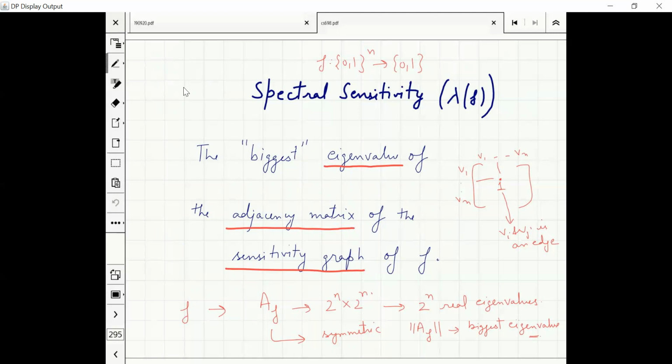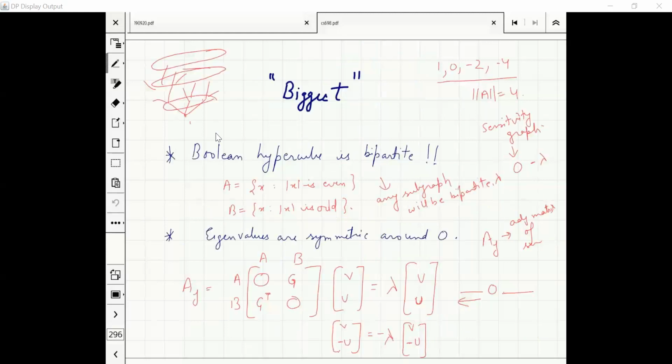Okay. Raise your hands if I can go forward. Okay, Anindya, do you have any questions? Okay, good. So the lambda is clear to all of you, the definition of lambda.